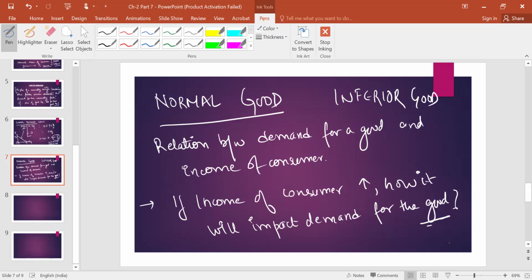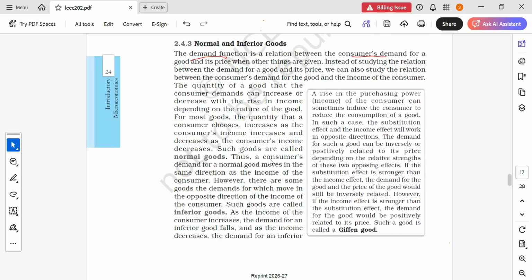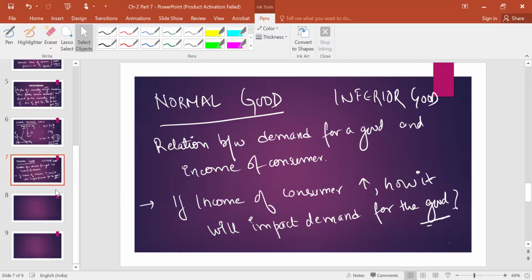How it will impact the demand for the good. All right. Now, the quantity, let's say, because in general we know that as the income of the consumer increases, the demand for a good generally rises, right? But it is not always the case.